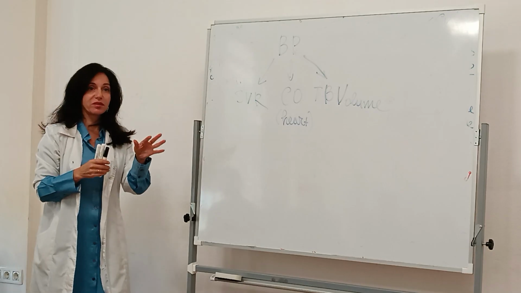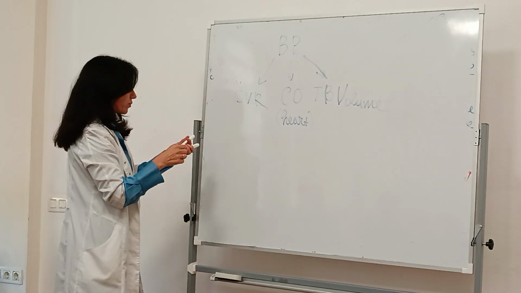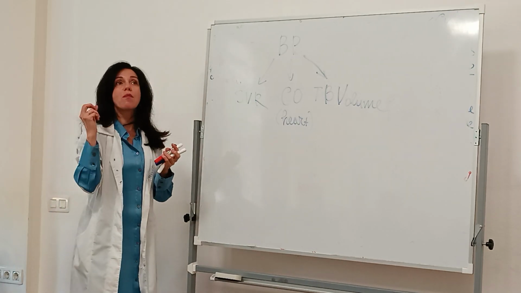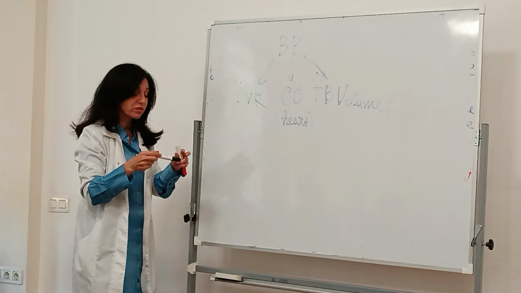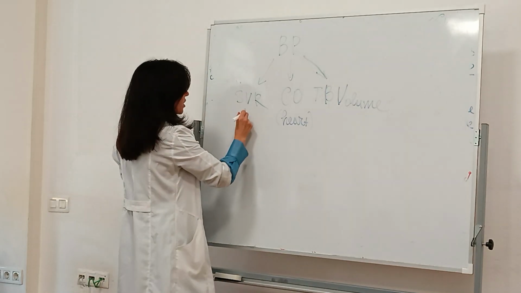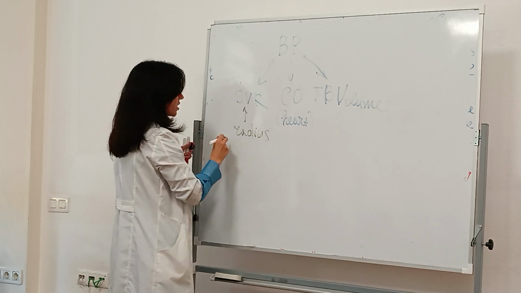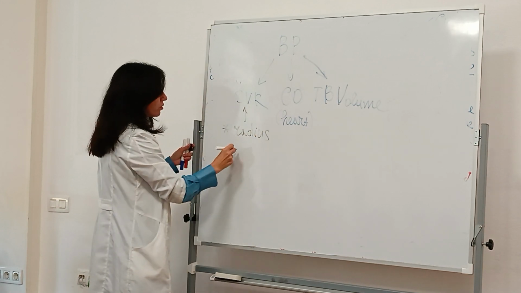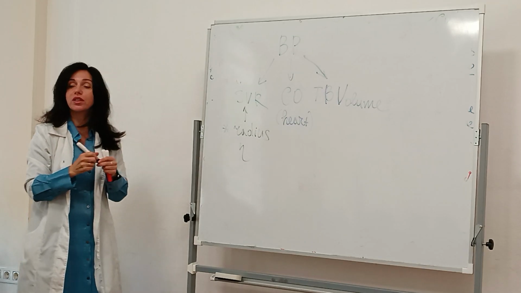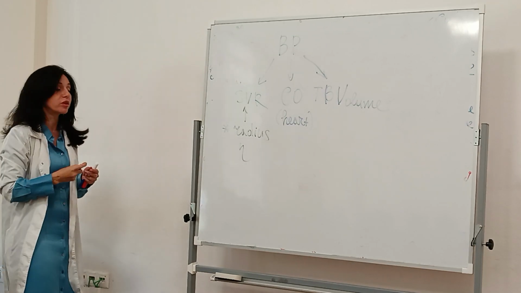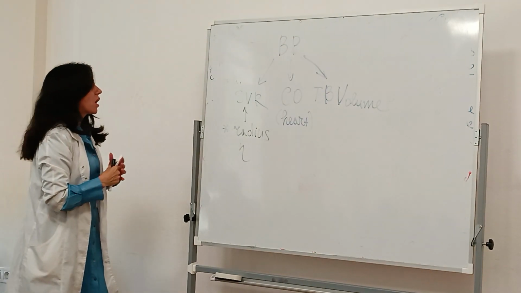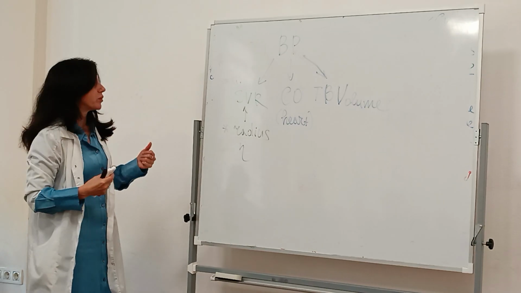Not volume, diameter. Radius. Blood vessel radius is a great factor. It's the most important factor. Blood vessel radius is the main factor. No, viscosity also: amount of erythrocytes, erythropoiesis, hematocrit, and protein content.